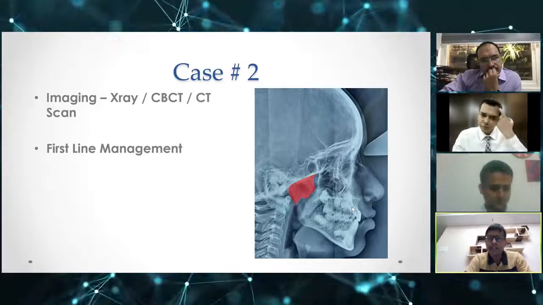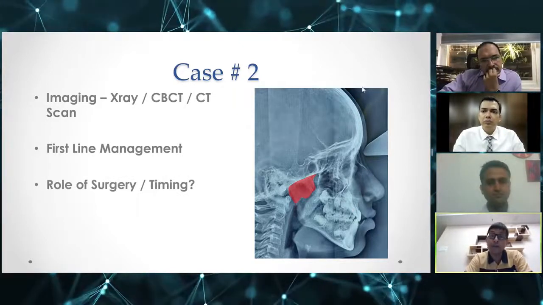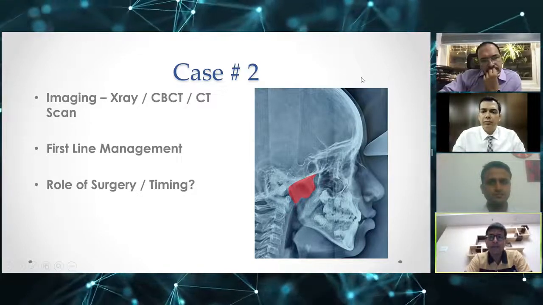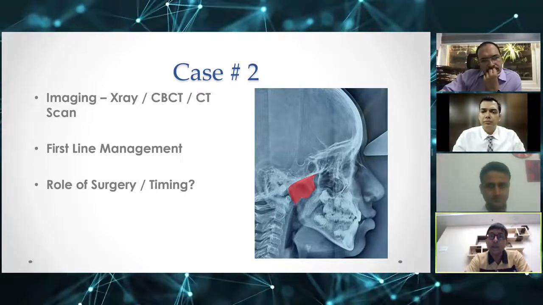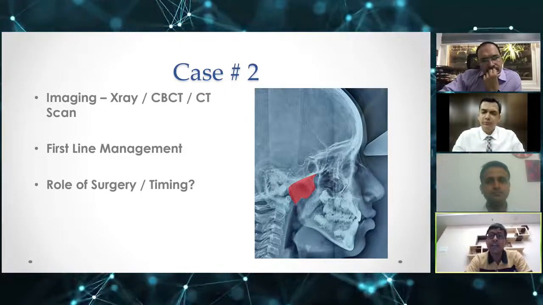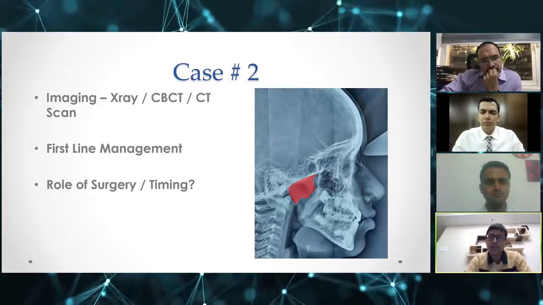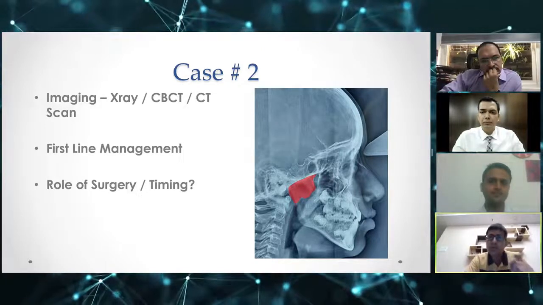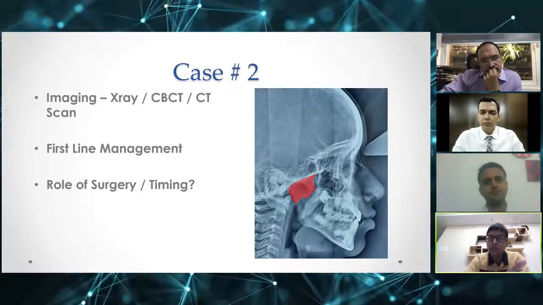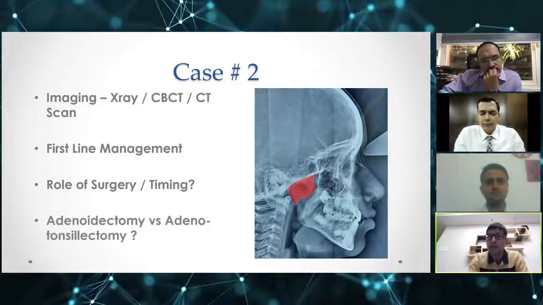If there is such a significant adenoid, then definitely after proper counseling, I would go for adenoidectomy. But having said that, very important is I have to tell the kids' parents exactly what our purpose is. What is our purpose of doing the adenoidectomy? Just to clear the posterior nasal airway, or do we want to give an overall holistic management from the sleep disorder point of view?